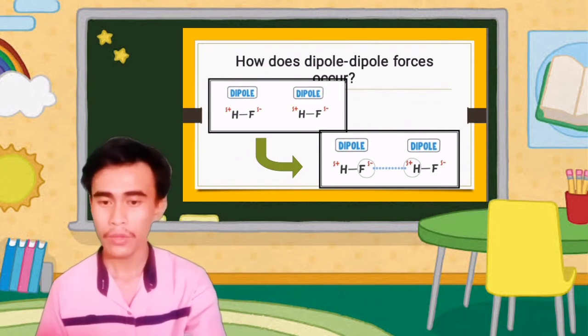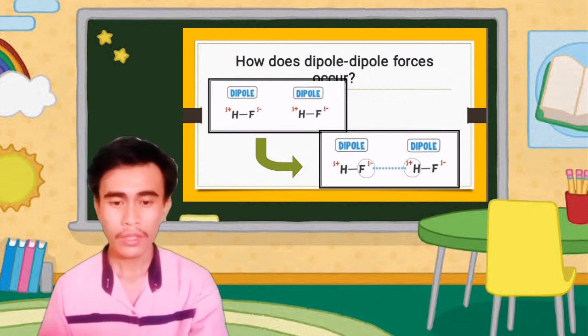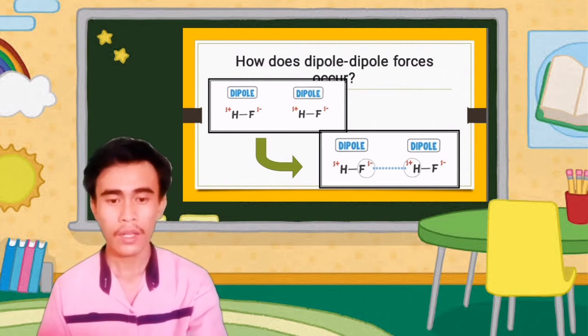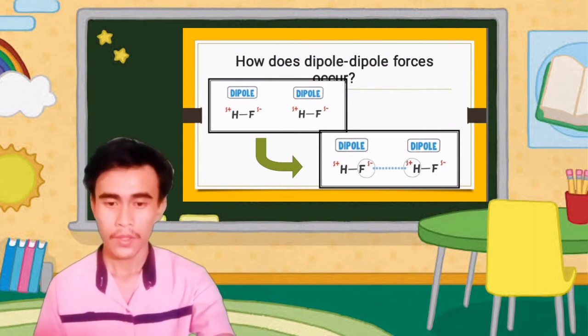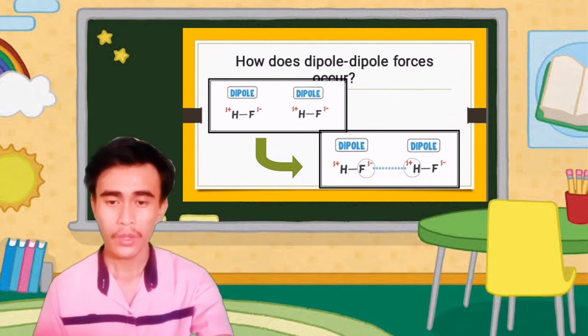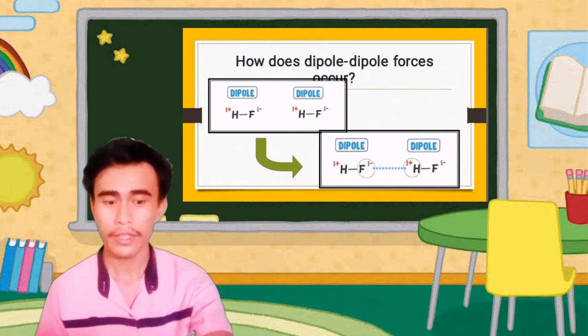At meron ulit tayong isa pang dipole which is hydrofluoride again. So meron siyang positive pole and negative pole. So nagkakaroon ng attraction yung ating fluorine which is the negative pole to another dipole which is meron siyang positive pole kung saan ito ay yung hydrogen natin. So nagkakaroon ng attraction between the two dipoles or two hydrofluoride natin.